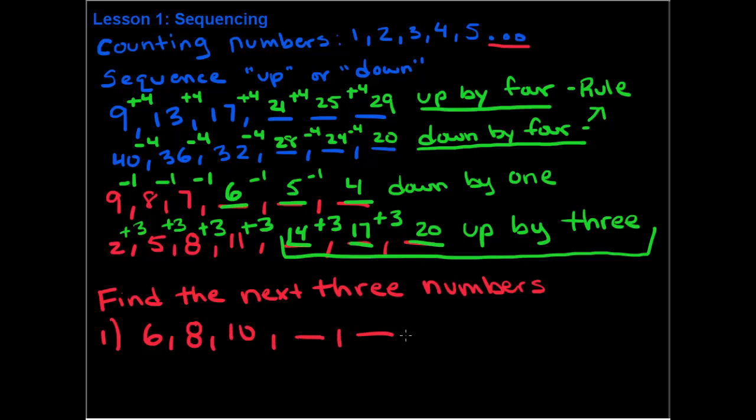You're going to tell me what those next 3 numbers are. And number 2, let's give you the numbers 21, 18, and 15. You're going to need to tell me what those next 3 numbers are. You do not have to tell me the rule for the homework, just the next 3 numbers. And we will go over this tomorrow.